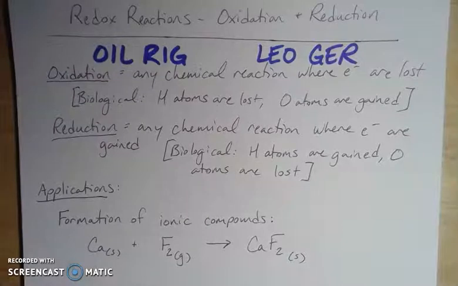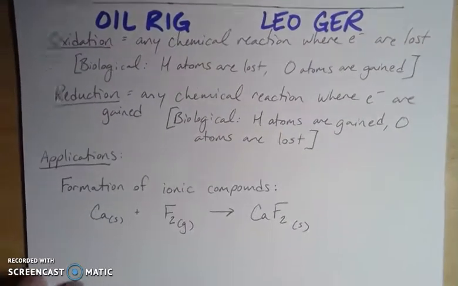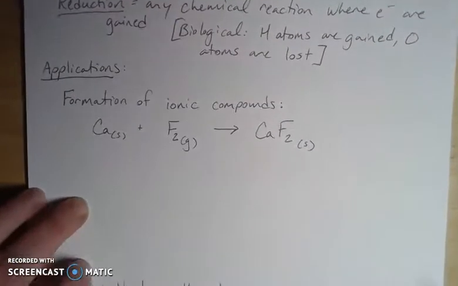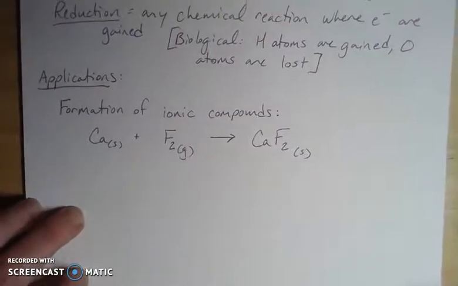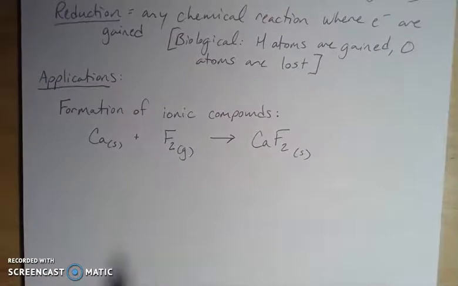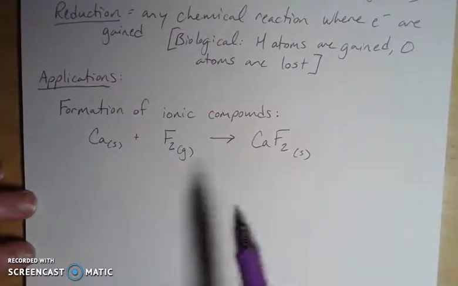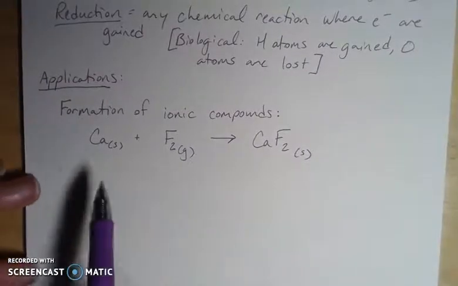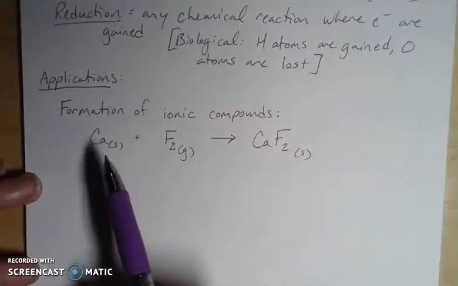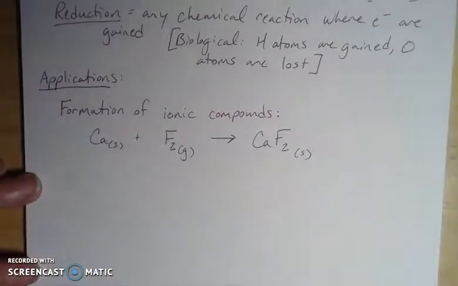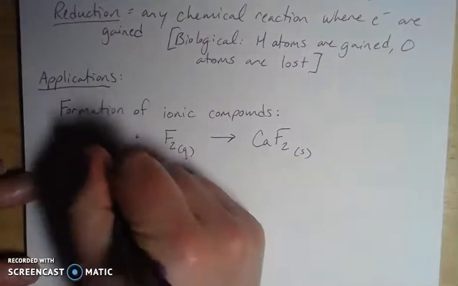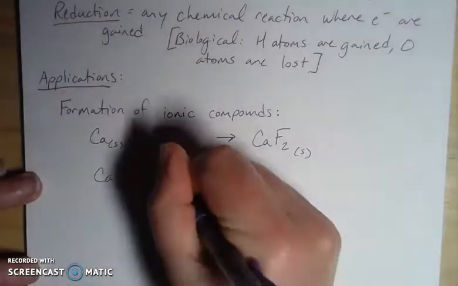Let's talk about some applications of this. One of the main applications is in the formation of ionic compounds, because we're talking about gaining and losing electrons. So let's think about the formation of calcium fluoride here. What is actually happening? Calcium is going from neutral calcium to calcium in an ionic compound. So calcium is going from calcium to calcium 2+.